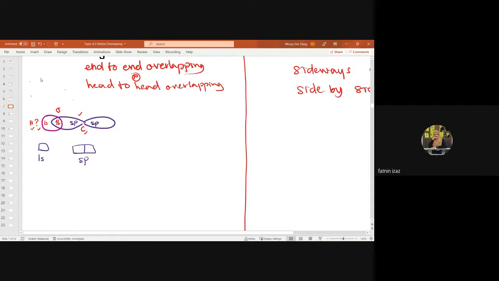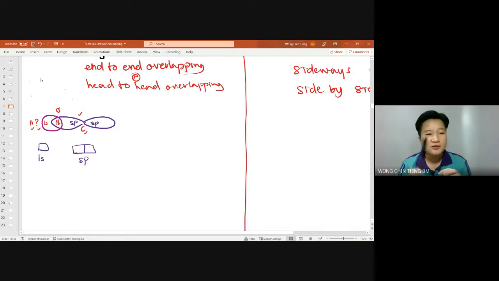Not sure, Miss. Not sure. Fadil, one S sits alone. SP is a combination of S and P. So, who will have higher energy? SP. SP will have higher energy.